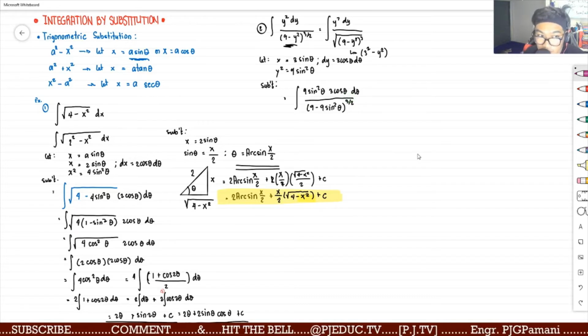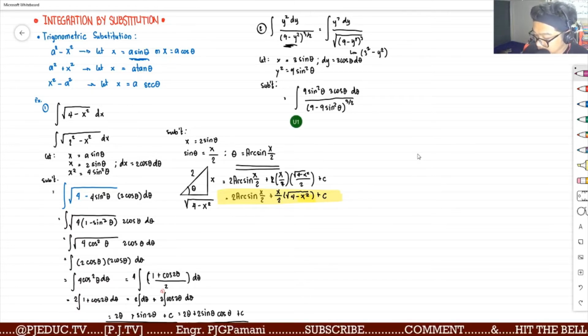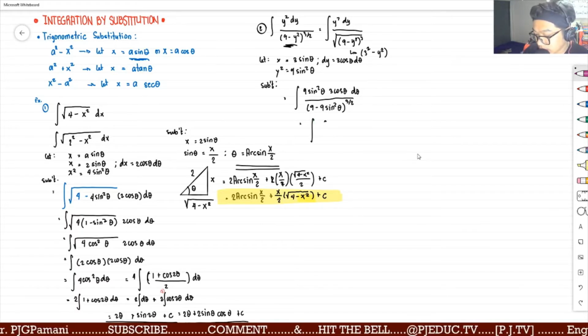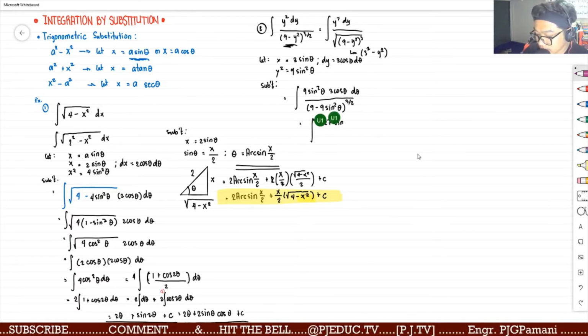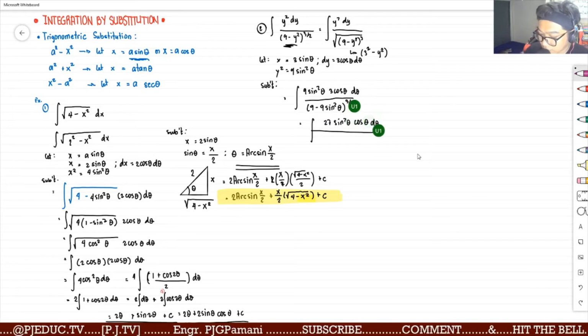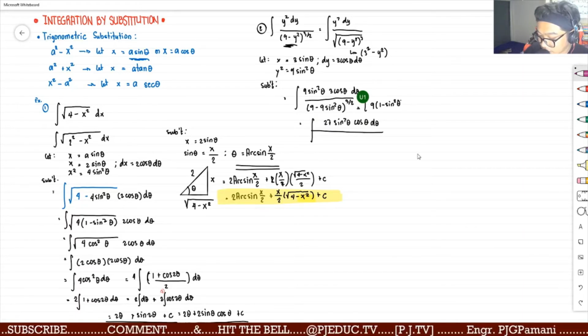From looking at it as it is, you can already see a solution there. Quick. That is 9 times 3, that is 27 sine squared theta cosine theta d theta. Let's transform this. It is just the same as 9 times 1 minus sine squared theta raised to 3 halves.